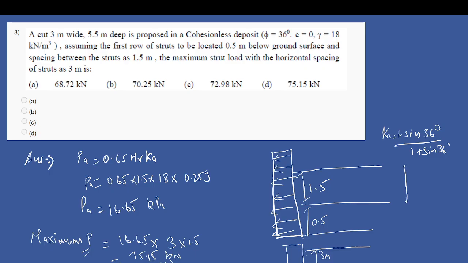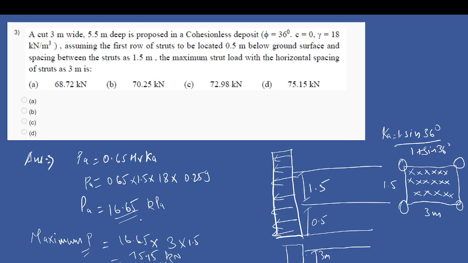From the side it will look like this, 1.5 meter and 3 meter, and here is your whole pressure acting. Because here is one strut, here is one strut, here is one strut, and here is one strut. Now this pressure we have evaluated, how much is this?